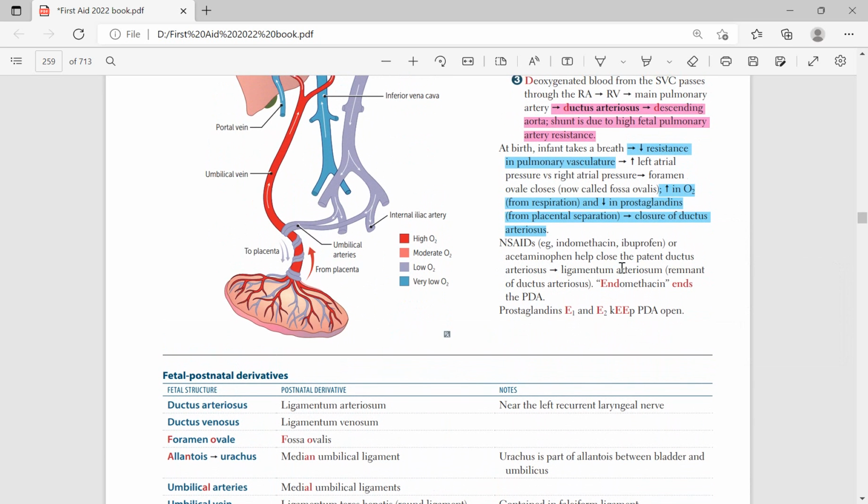NSAIDs or acetaminophen help close the patent ductus arteriosus. NSAIDs block the cyclooxygenase enzyme and production of prostaglandin. Then the ligamentum arteriosum forms, the remnant of the ductus arteriosus. Prostaglandin E1 and E2 keep the patent ductus arteriosus open.